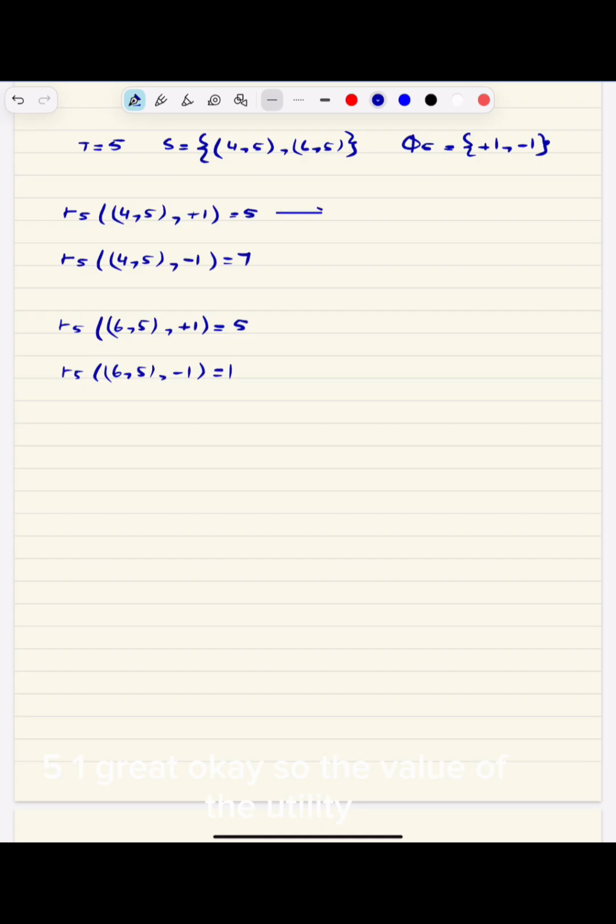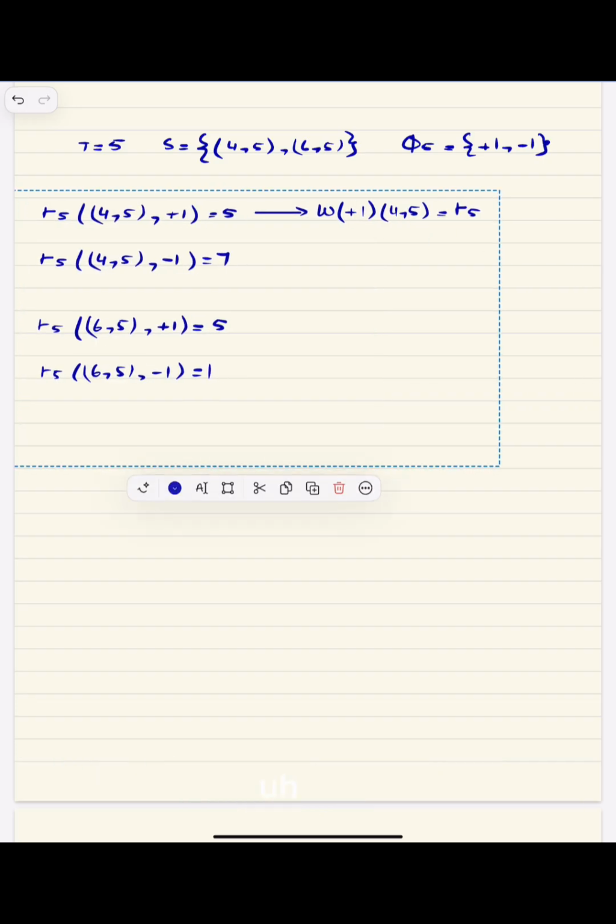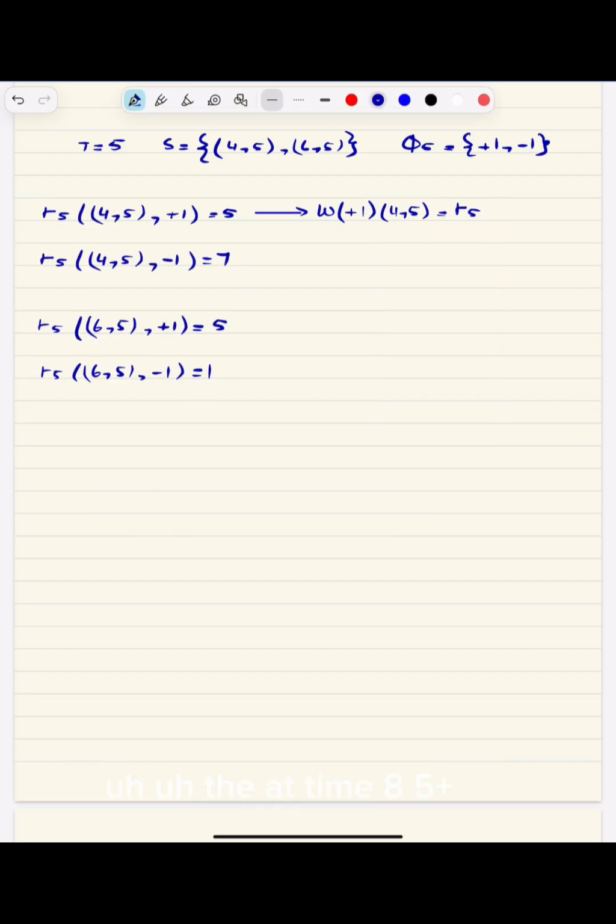Okay. So the utility of taking a right from the state 4 5 is the immediate reward that you get at time period 5 plus all the future rewards you will get at time period 6 when you end up. Where will you end up?